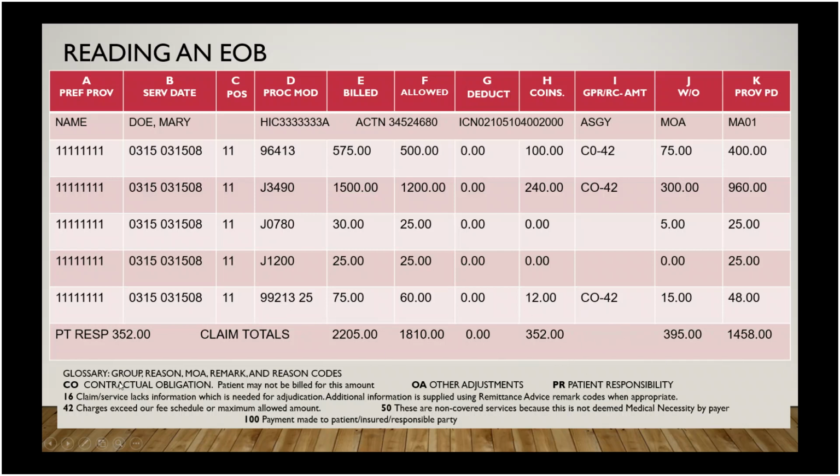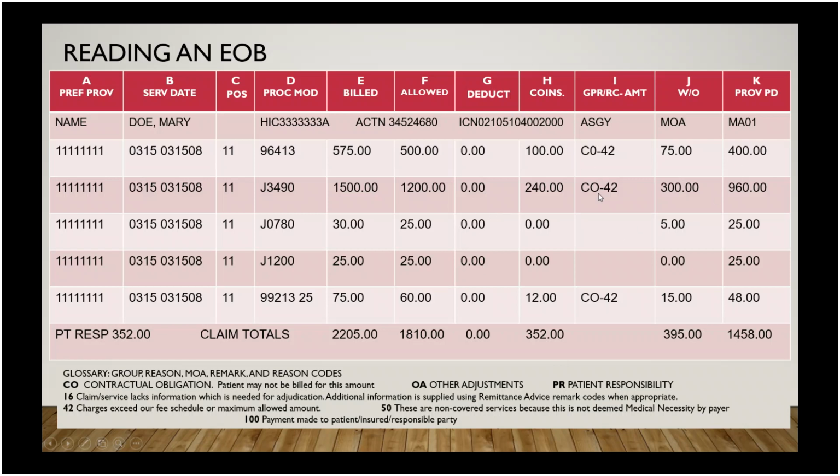So CO is contractual obligation, and 42 is charges exceed our fee schedule. So the physician fee schedule is 75, they allow 60. 575 is the fee schedule for the doctor, they allow 500. And 1500 is what they bill, but they allow 1200.